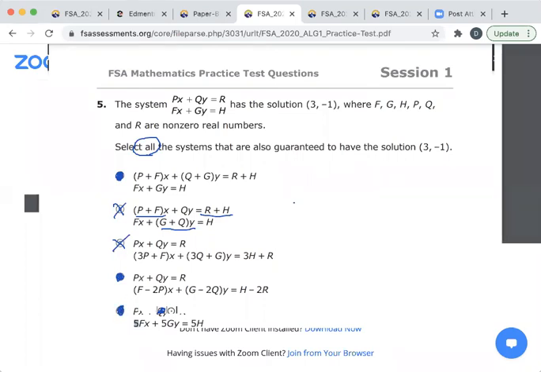So for this one, the key is to look for consistent changes all the way through to all of the terms in one of the lines, instead of the mismatched ones, like this and this don't match, okay? And this and this don't match, but all the other ones do have consistent changes made.